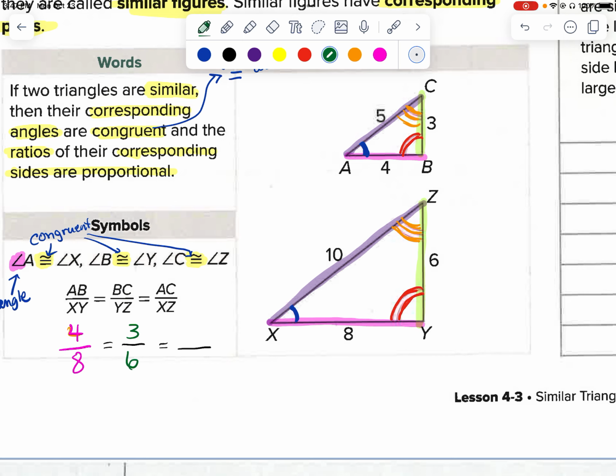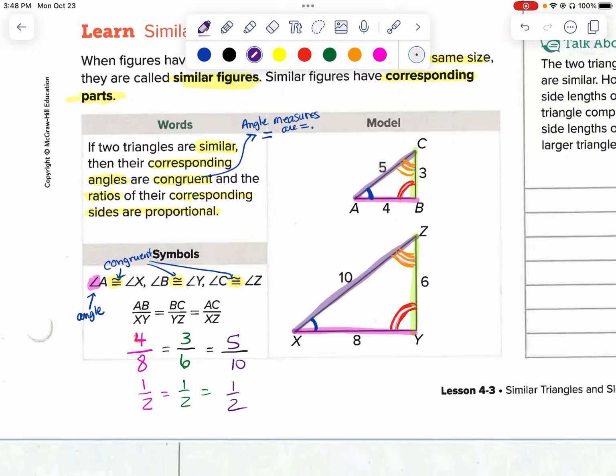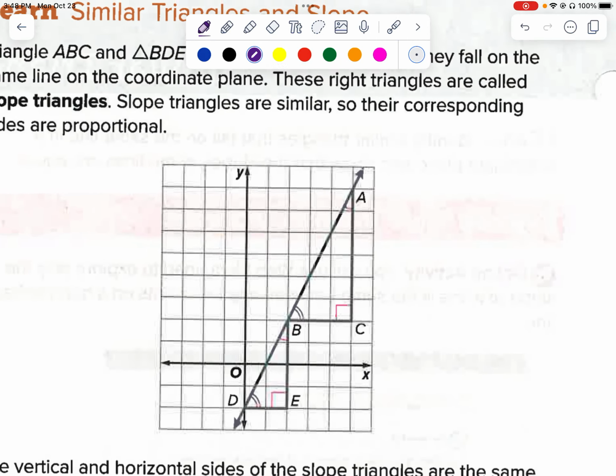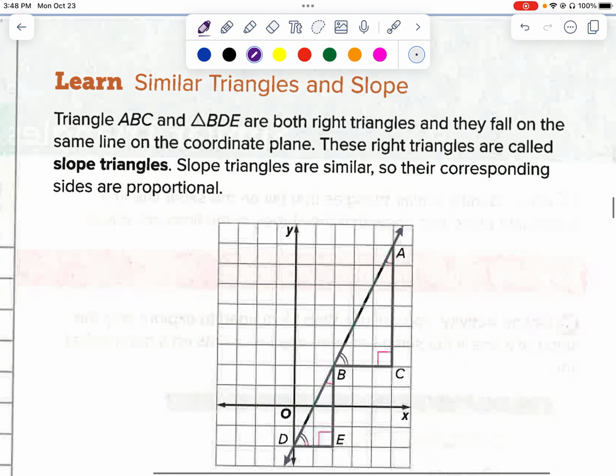Then I'll do purple. AC is 5 and XZ is 10. If I simplify these fractions, this would be 1/2 equals 1/2, which equals 1/2. Are they equal to each other? Yes. So that's how we tell that they're similar.